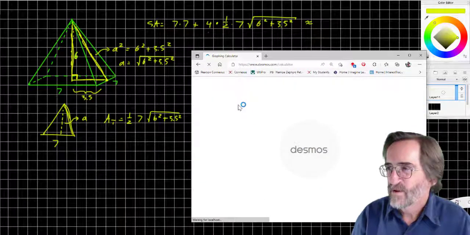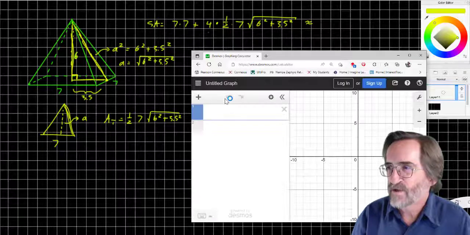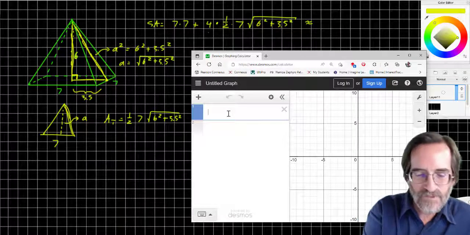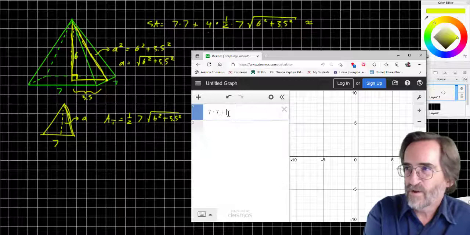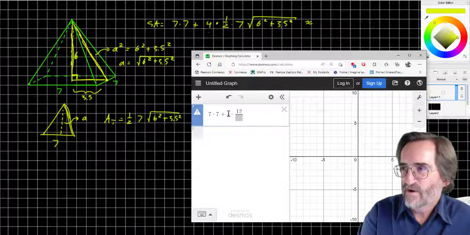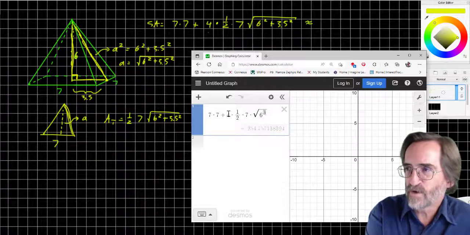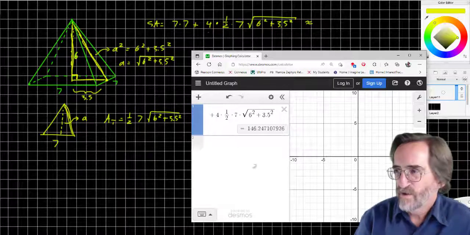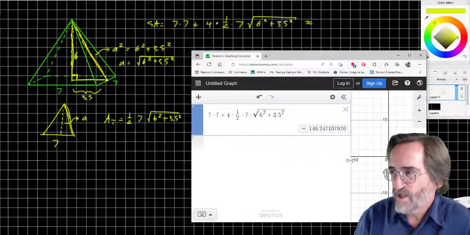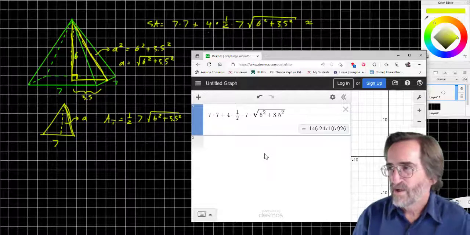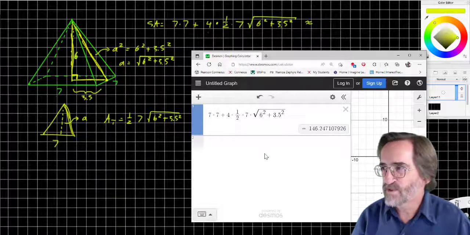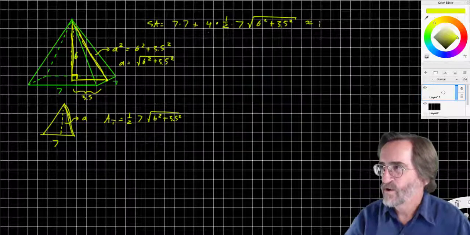Okay, so our surface area is 7 times 7 plus 4 times 1/2 times 7 times square root, SQRT, 6 squared plus 3.5 squared. Double check and make sure we entered it correctly. I get a surface area of 146.2 square units.